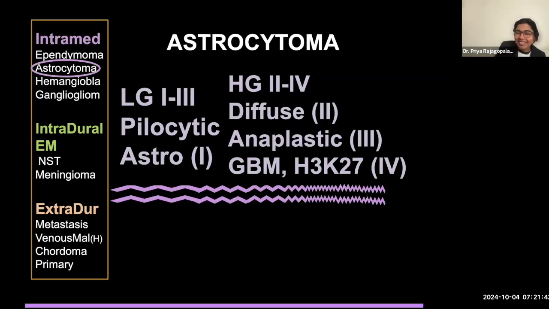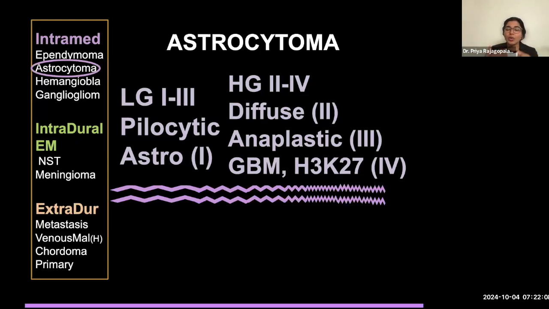You've got the lowest grade, the pilocytic astrocytoma, which is grade 1, very good prognosis. And then you've got the higher grade tumors, such as the diffuse astrocytoma. You've got the anaplastic astrocytoma, grade 3. And then you've got glioblastoma, which is WHO grade 4. And you've got the histone mutated ones, such as the H3K27M mutation, which is also grade 4 and tends to happen in the spinal cord.